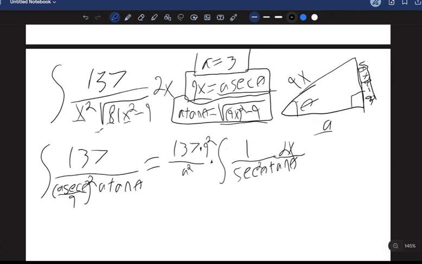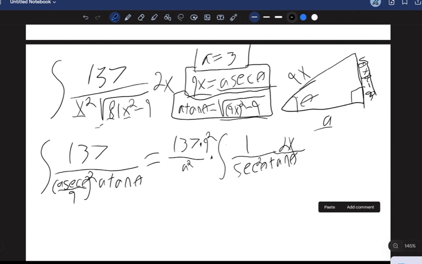For dx, we can find the derivative of what we said was x. And what is x? A secant theta over 9. So then dx would be equal to a over 9 secant theta tan theta.